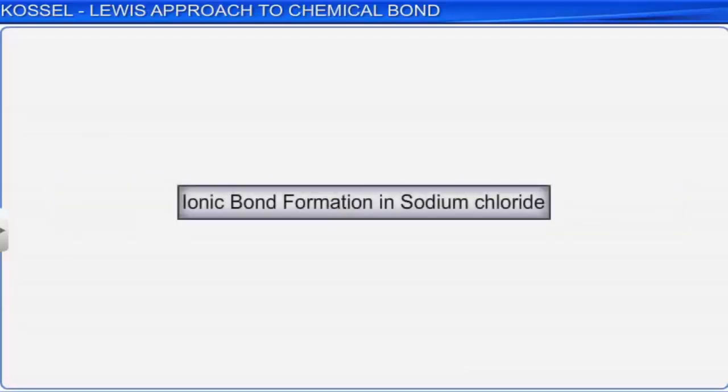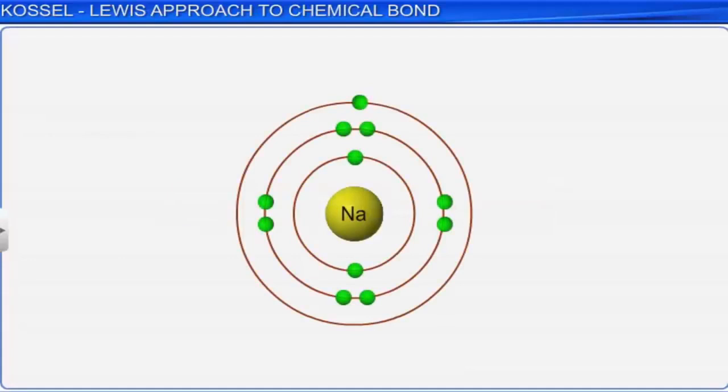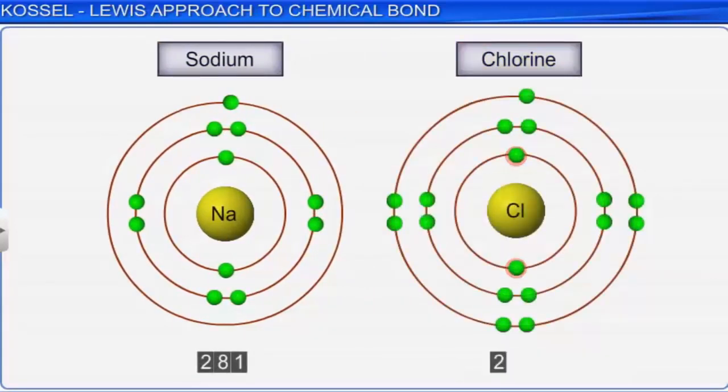On the basis of these facts, let's explain the formation of sodium chloride. The electronic configuration of sodium is 2, 8, 1, whereas the electronic configuration of chlorine is 2, 8, 7.